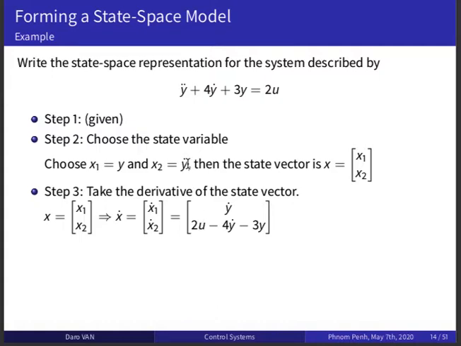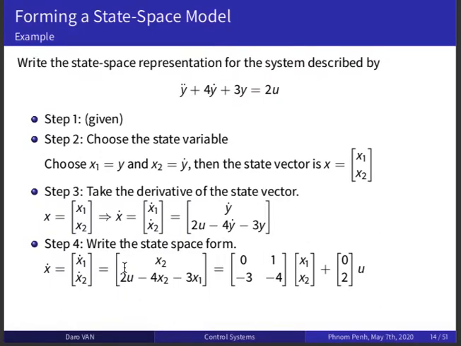And you can get y dot dot from this equation by moving these terms to the right hand side. So y dot dot equals 2u minus 4y dot minus 3y.